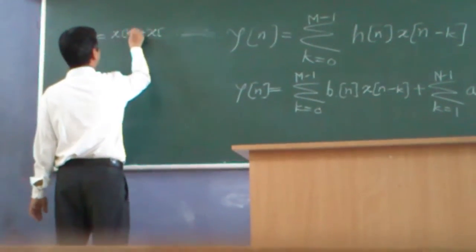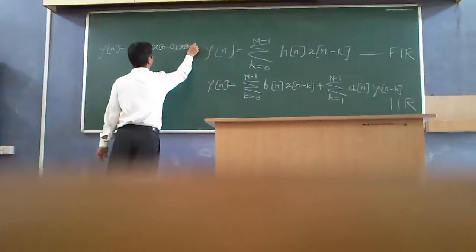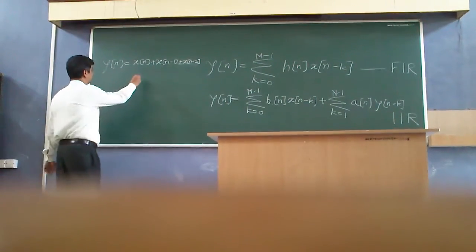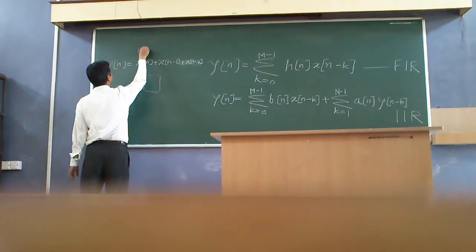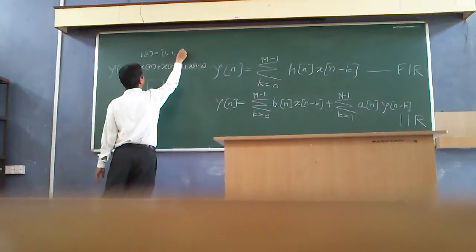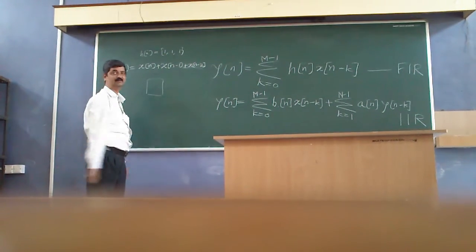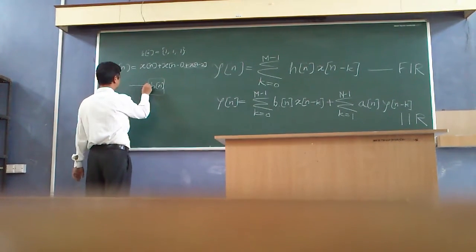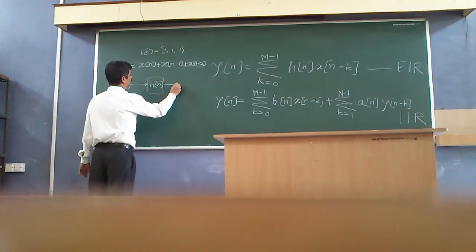What will happen now? If so, this is my system. So what is my h_n? Means h_n is equal to 1 1 1. h_0 is 1, h_1 is 1, h_2 is 1, and 0 elsewhere. I apply input to it and obtain output.